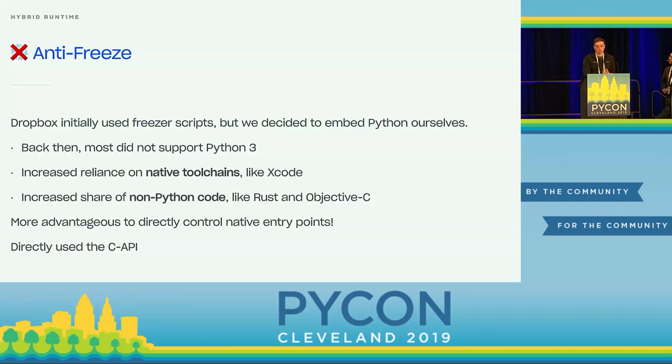So to us, it was more advantageous to control our native entry points. Shout out to PyInstaller, we think it's really good. It's just that Dropbox became too complex for that. The way we implemented this is that we just use the C API directly. Even there, Python 3 made improvements and provided generally better isolation from other Pythons installed on the system. PySetPath comes to mind.